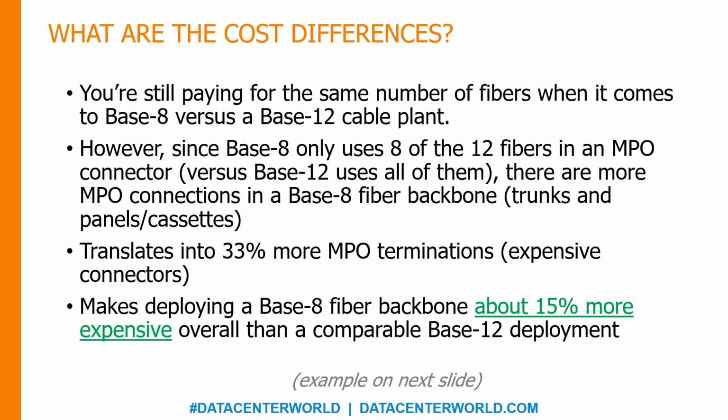However, since base 8 only uses 8 of the 12 fibers available in an MPO connector, there's going to be more MPO connections in a base 8 fiber backbone, which translates into about 33% more MPO terminations and the expenses associated with that. This makes deploying a base 8 fiber backbone about 15% more expensive overall than a typical base 12 deployment.